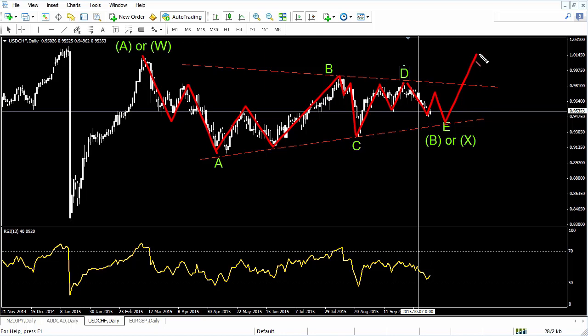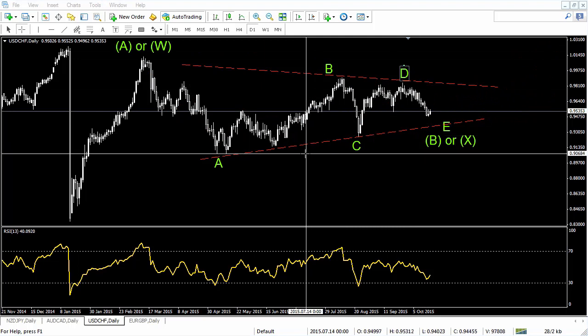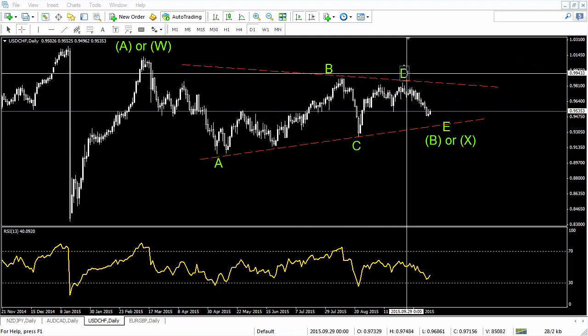And we can expect to see either a 5-wave move to the upside, or a 3-wave move higher. Okay, that's why we are going to start our count like this.